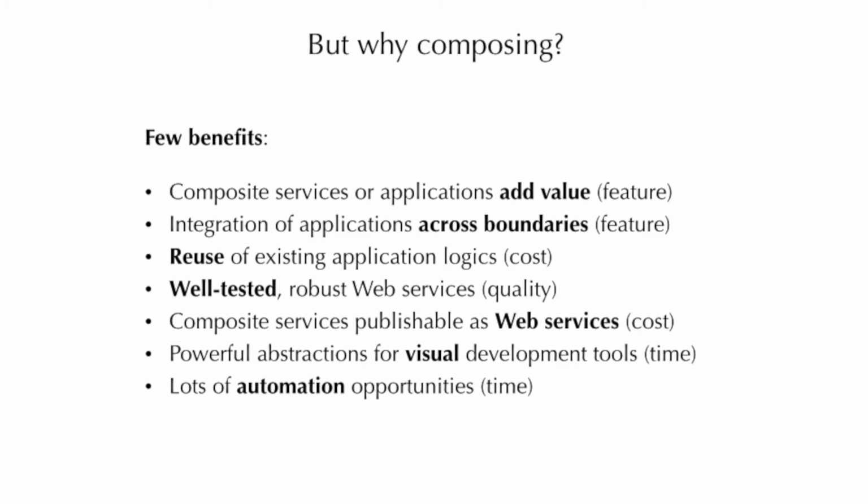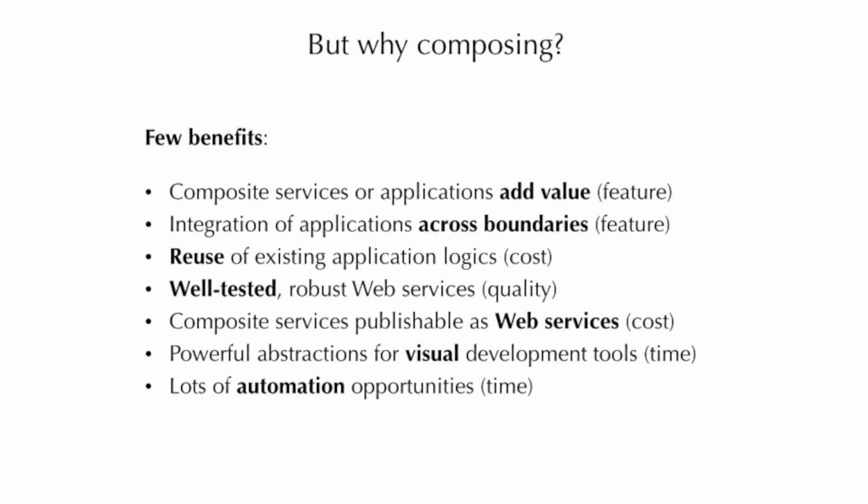Then reusing also means that we reuse application logic encapsulated into web services that has been tested over and over again, not only by us but also by other clients of the same service. So we have a well-tested and robust set of web services we can rely on. This increases the quality of our product.